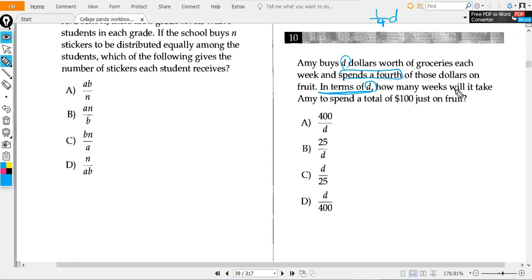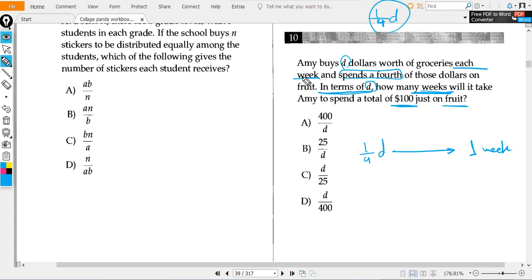we are looking for the number of weeks. How many weeks will it take Amy to spend a total of $100 just on fruit? Okay. 1/4 of D, we spend it in just 1 week, because it says each week.